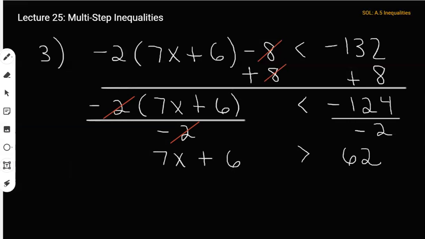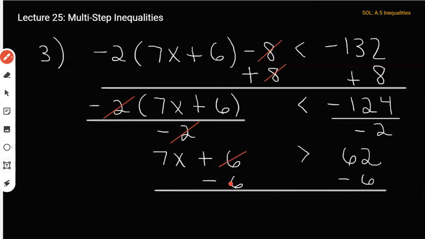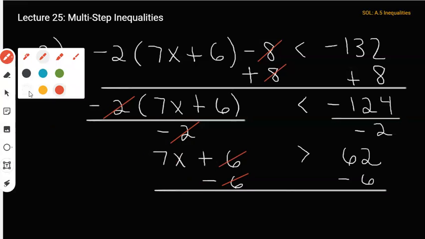All right, there's two things I have left to do. What are they? Subtract 6 and then divide by 7. Yeah. So we're going to subtract 6 first. So when I subtract 6, the positive 6 and the -6 are going to cancel out, just leaving me with this 7x right here.